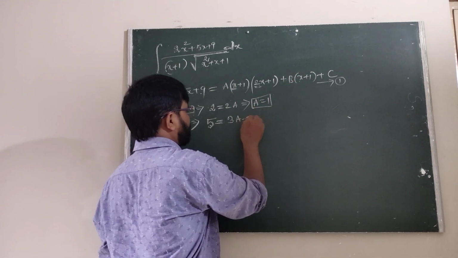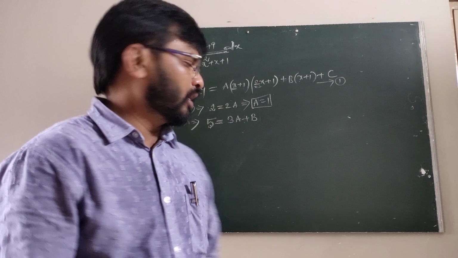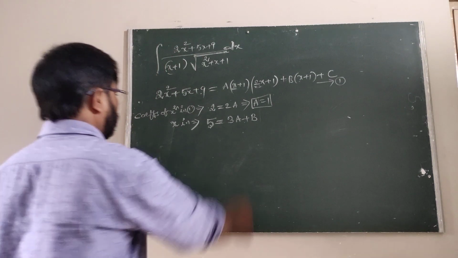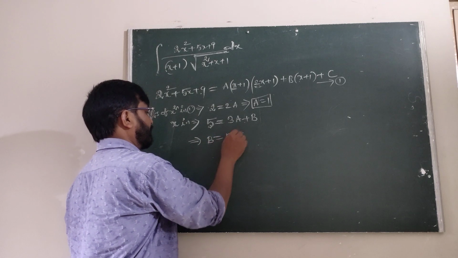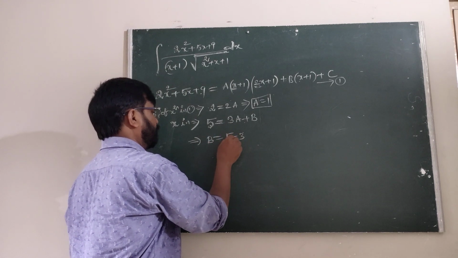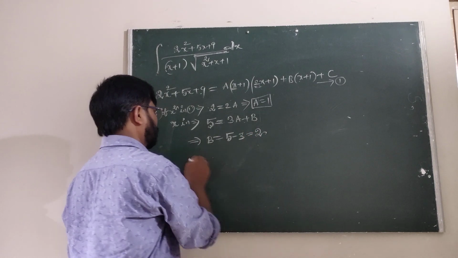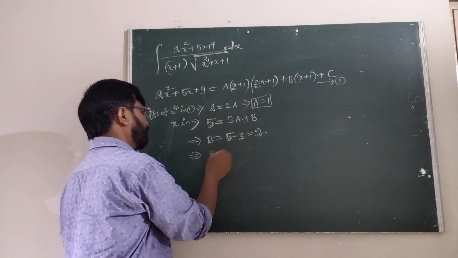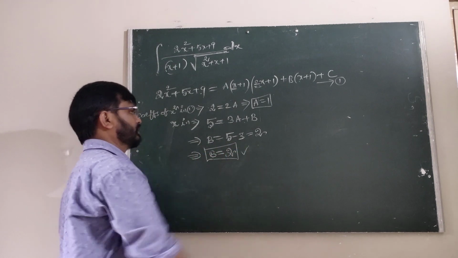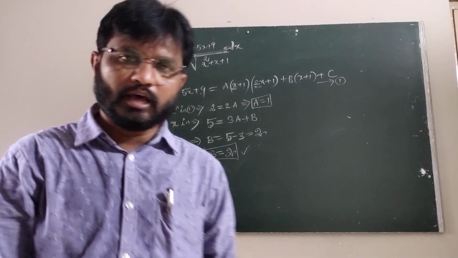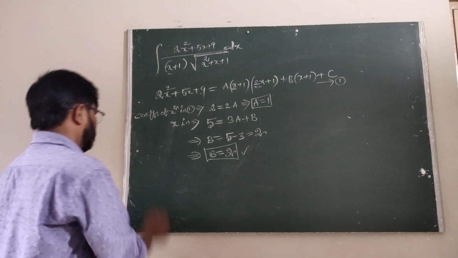Here A is 1. Substituting A equals 1, B equals 5 minus 3, which is 2. Therefore, the value of B is 2. Is it okay? Now we are equating the constants on both sides.